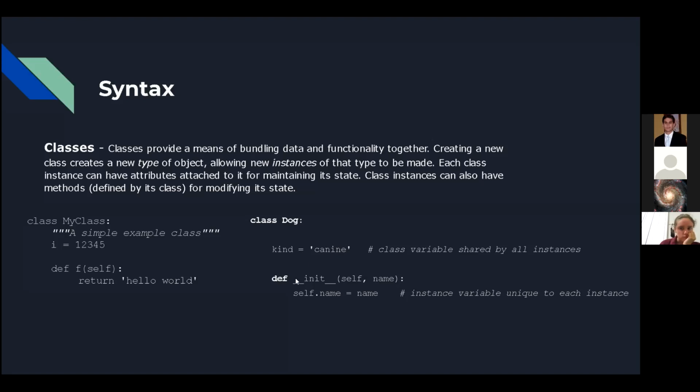And you can define the name, the weight, the height, and many more parameters. Because you're defining them, you can use the self keyword to access them and change them to be whatever you want.